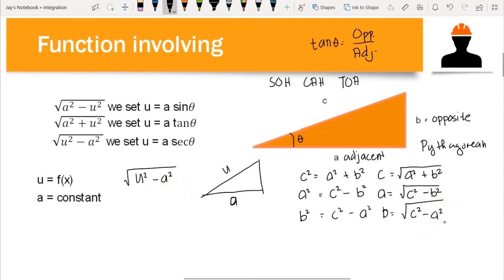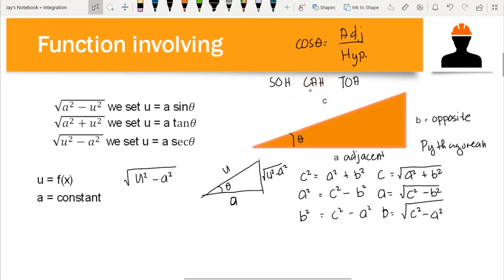If we place that at the adjacent to angle theta, then the opposite here is equal to the square root of u squared minus a squared. So we could have cosine theta equal to adjacent over the hypotenuse, correct?